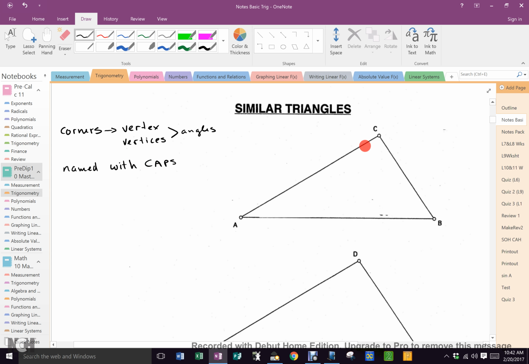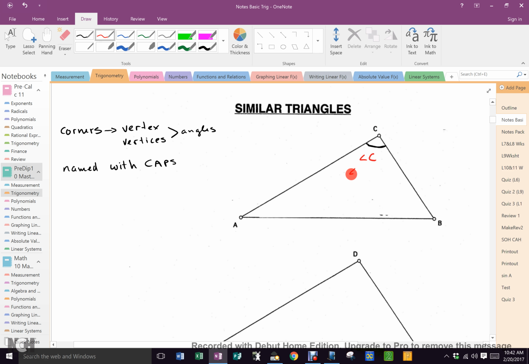Okay? Now, work with me here. This angle has 3 names that are interchangeable. It is angle C, because that's the vertex. Cool?